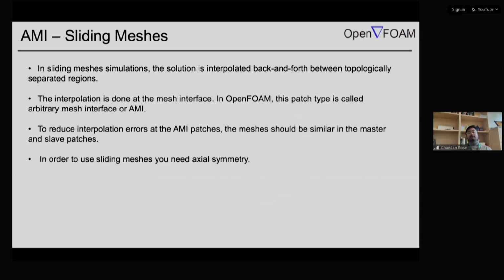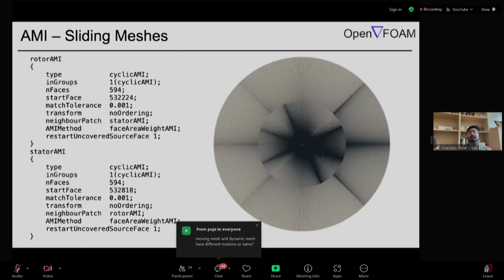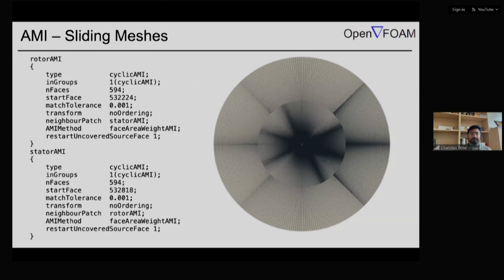Okay. Next one is the sliding mesh that I have already told you about, which uses an arbitrary mesh interface to do the interpolation, in which one region of the mesh slides over another region. So in this example, as you can see, the inner rotating zone slides over the outer static zone, and thus we incorporate a pitching motion in an airfoil.